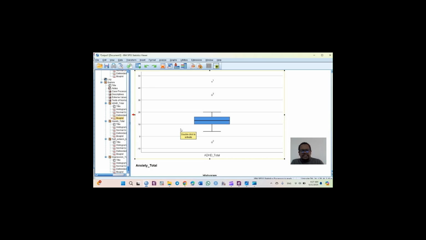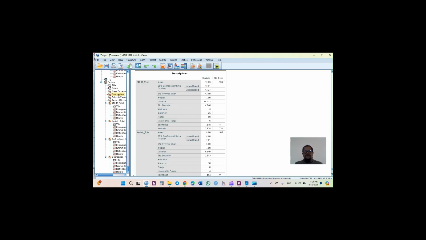After checking all, here is my tip. You can decide whether to go for parametric or non-parametric tests. For example, we have seen the descriptives.